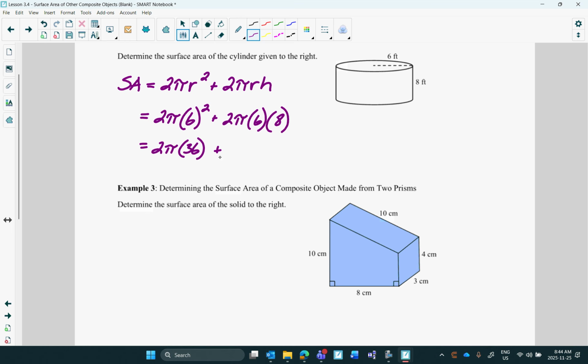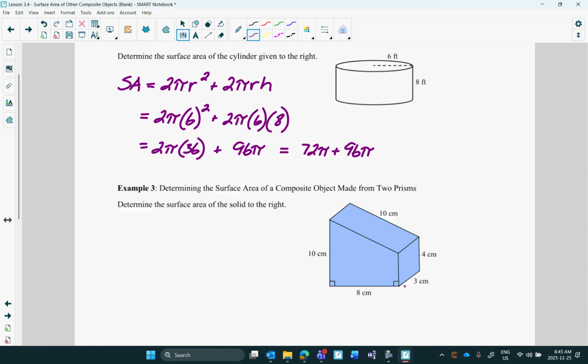Yeah, 48 times 2. 96. And we still have the times pi. Notice I haven't used the pi button yet. 2 times 36, well, that's the same as 72 times pi. Plus 96 pi.